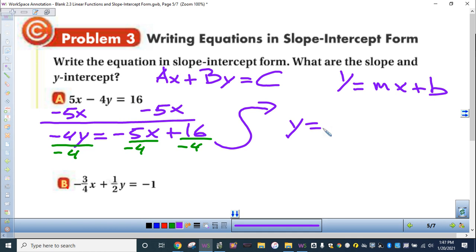y equals, these negatives right here just cancel, so you get 5 over 4 x. And then 16 divided by -4 is -4. I always have a couple of kids that will write positive divided by negative; they'll write plus -4 right here.